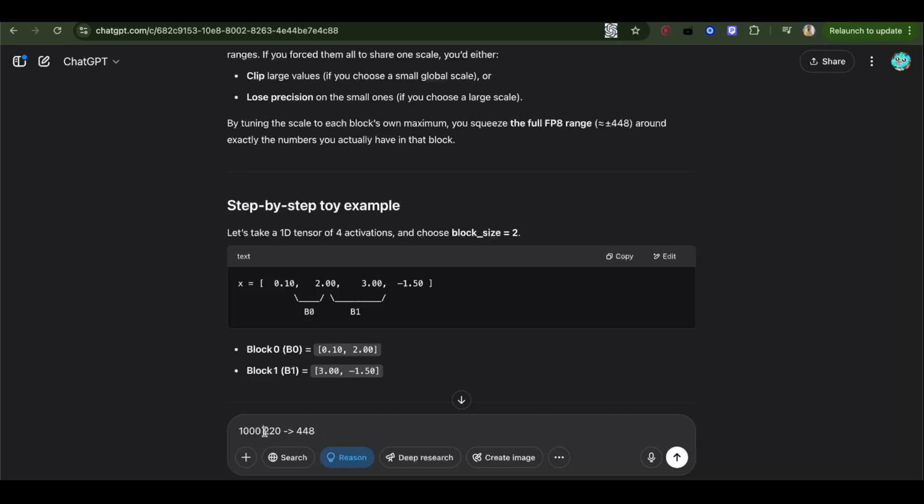Then we also need to divide this number by 2.15, so maybe we get 103 to keep the scale. So now we will scale them down so we can represent them in FP8.